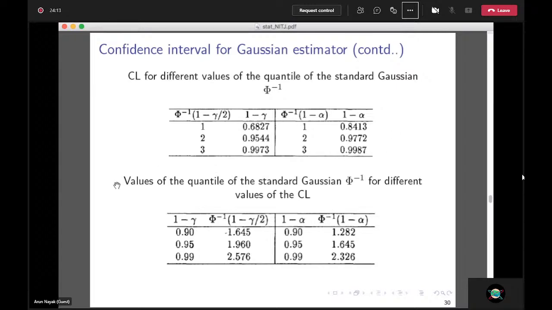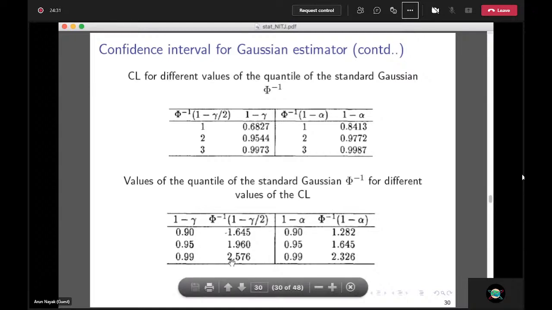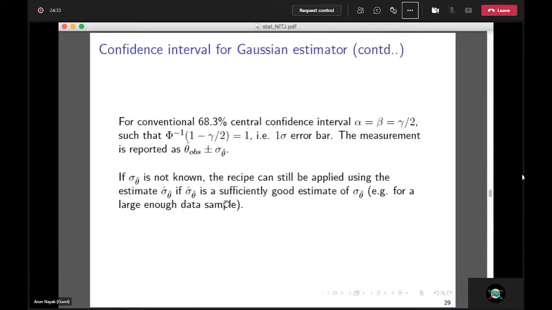Similarly, you can also see the other way around, the values of the quantile for different confidence levels. If we want to set the interval for a 90%, 95%, or 99% confidence level, what should be the value of phi inverse in this equation?